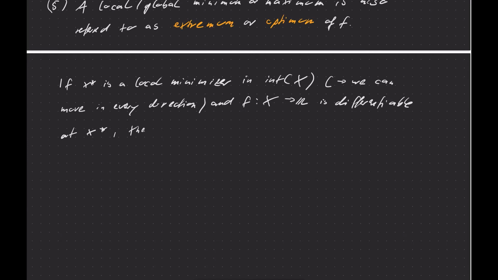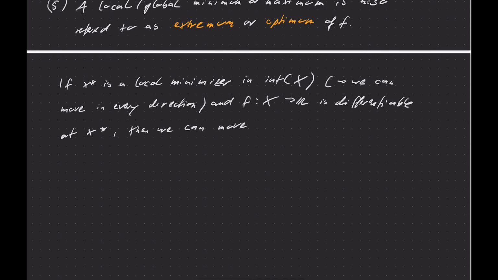Then what we can do, we can move from our current point x star in the direction of the gradient or the negative gradient. Make a little step in that direction, and let's call that a new point x.